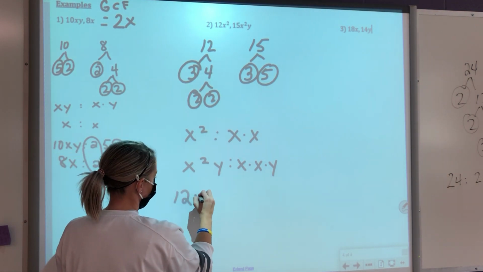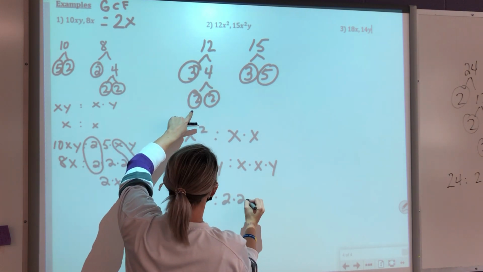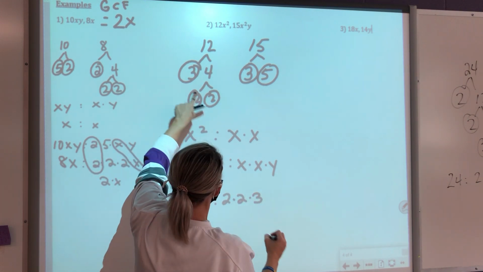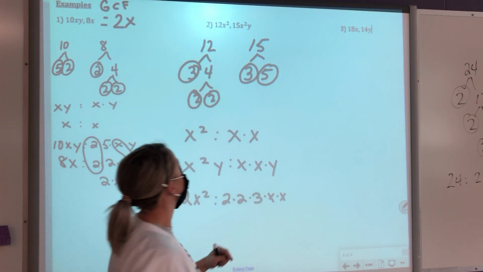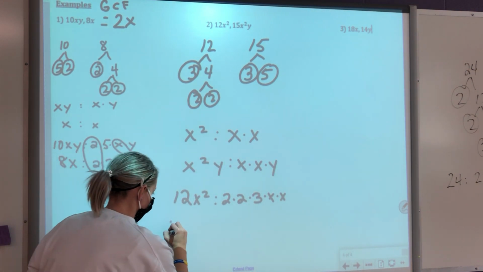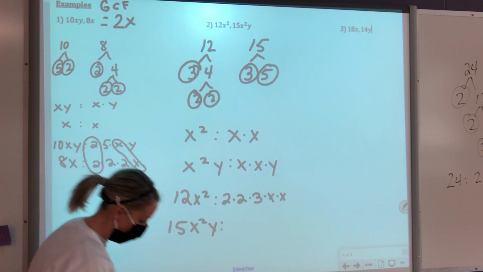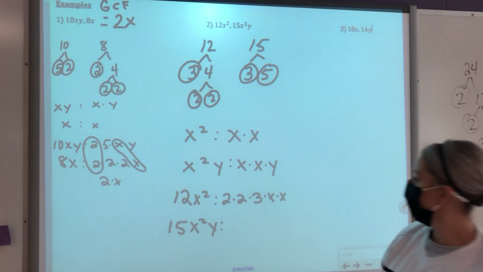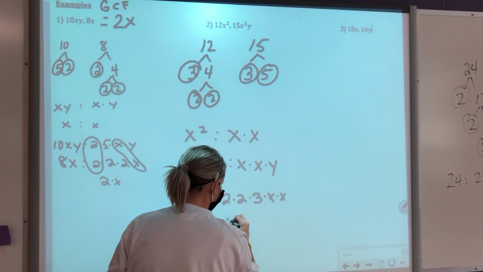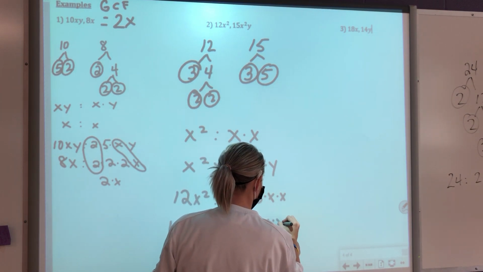So 12x squared breaks down into 2 times 2 times 3, and then I have times x times x. And then 15x squared y: 3 times 5, and then x times x times y.